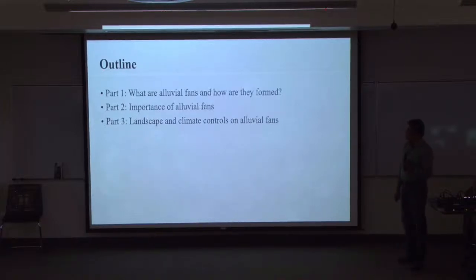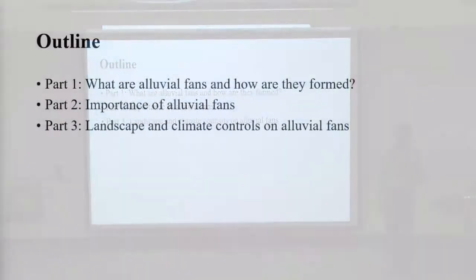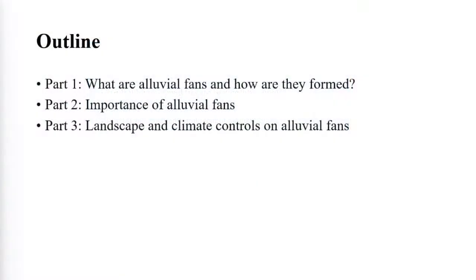What I'm going to do first is present an outline for the talk. There are three sections that the talk is divided into. We'll start by defining what alluvial fans are, and then we'll move on to how they're formed.